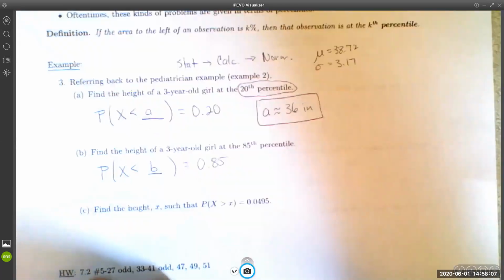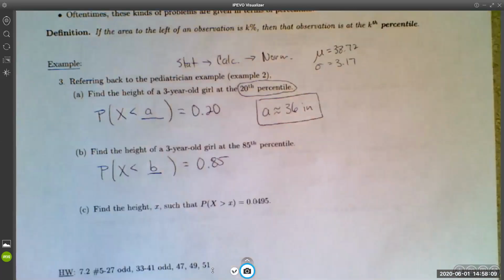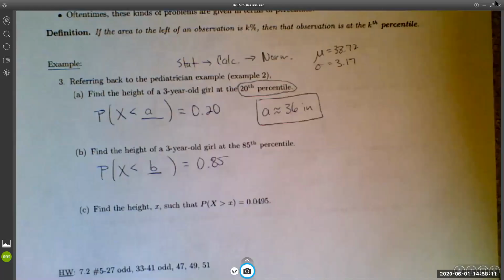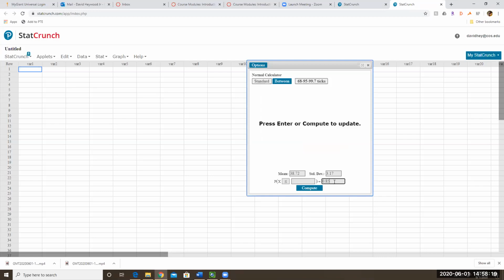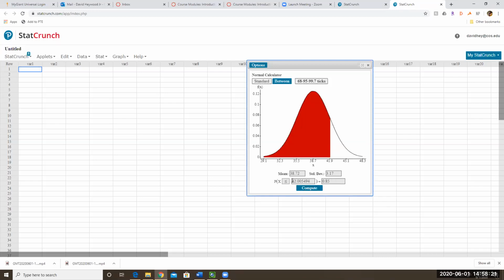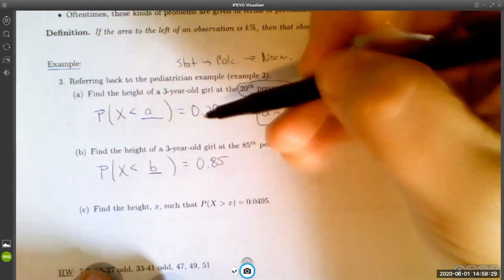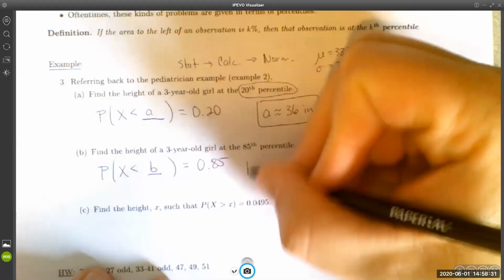So we need to see what value corresponds to an area of 85%. So I'm going to delete that, change this to 85, and there you go, about 42 inches. Okay, so B is about 42 inches.